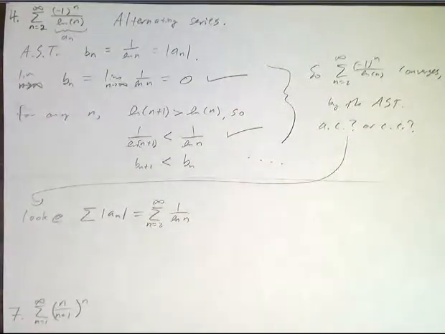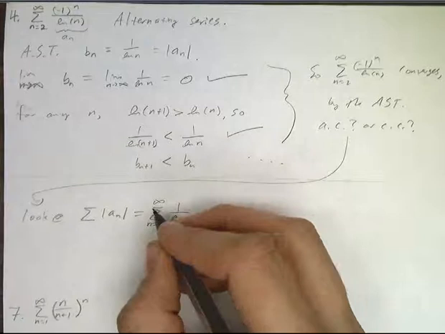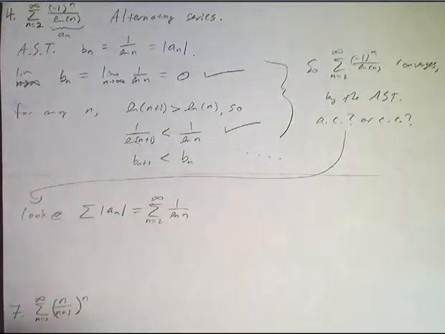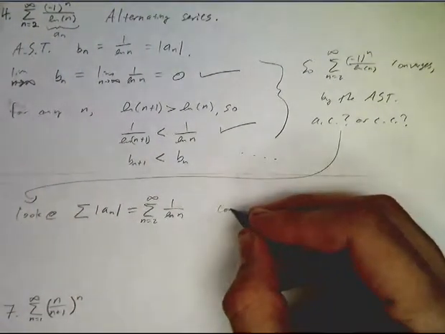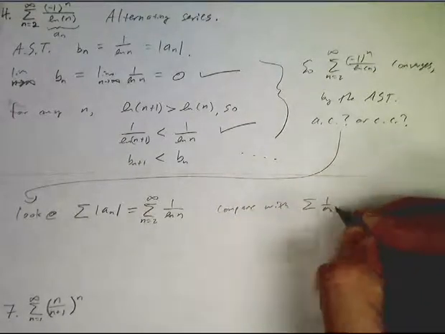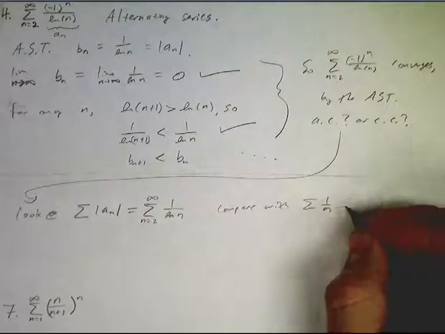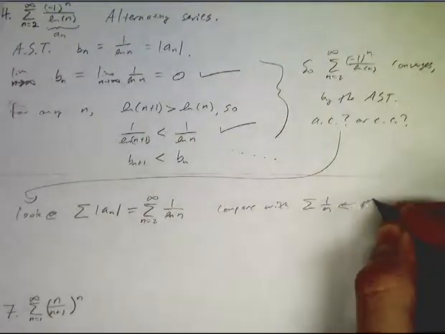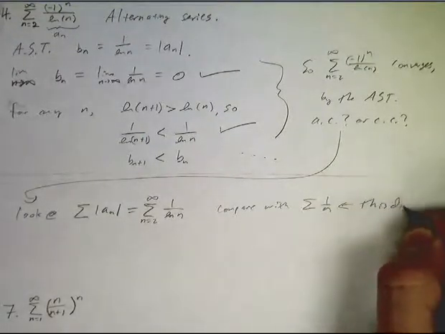Now, if I don't know anything about this series, I'm going to try to compare it to something. Let's compare with 1 over n. This diverges.